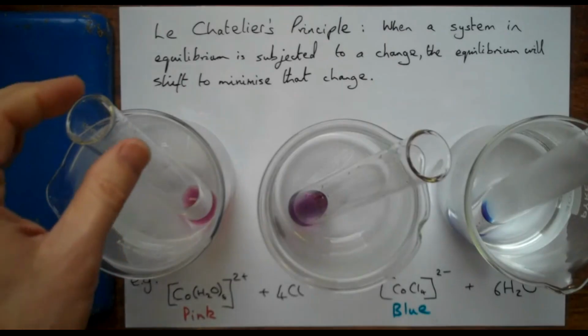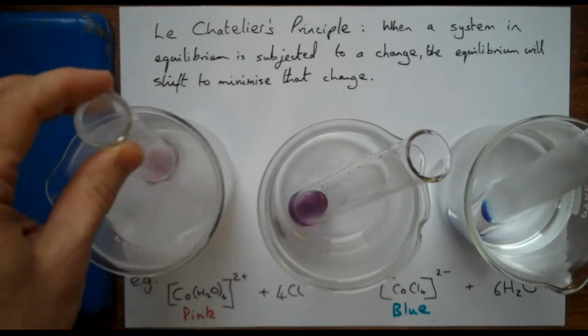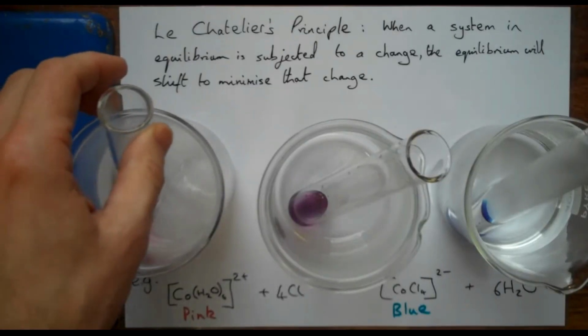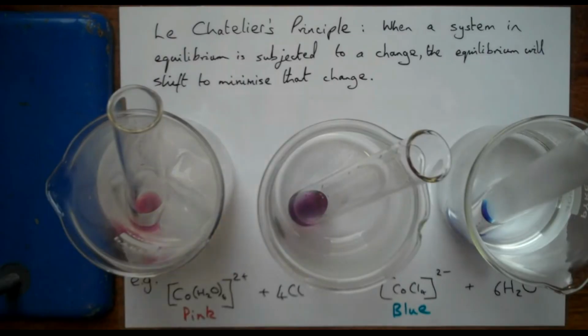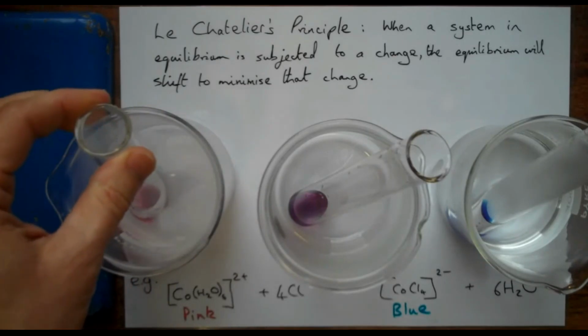If I cool it down, it will go in the direction that tries to warm it up, the exothermic direction. So Le Chatelier's principle is a bit like Sod's law. If you try to do one thing, the chemicals will try and do the opposite. I try and heat it up, the chemicals will go endothermic, they'll try and cool down. If I cool it down, they'll try and go exothermic, they'll try and get hotter.